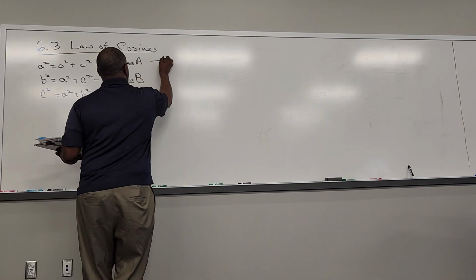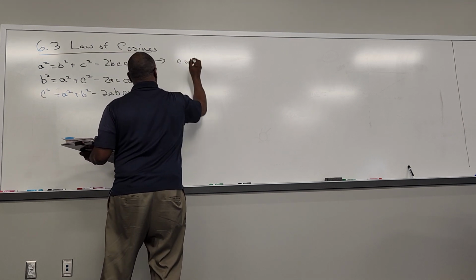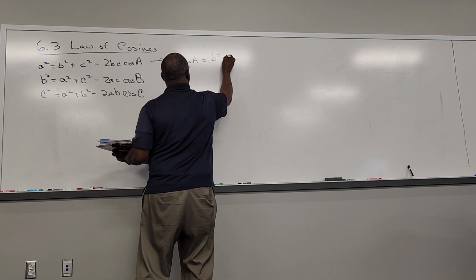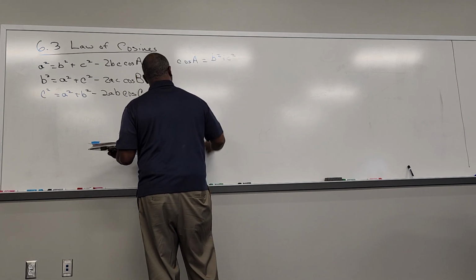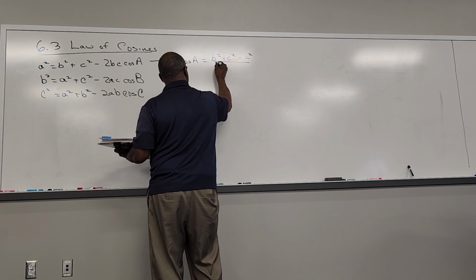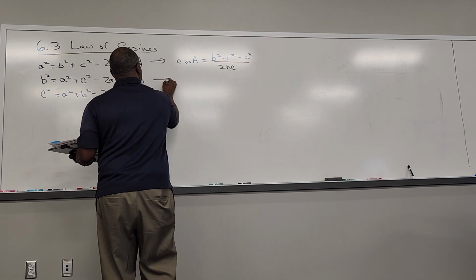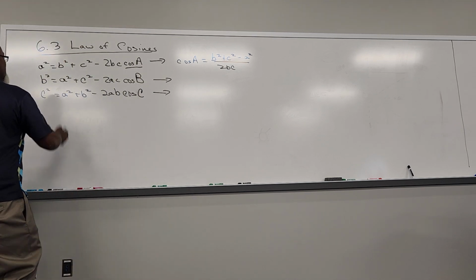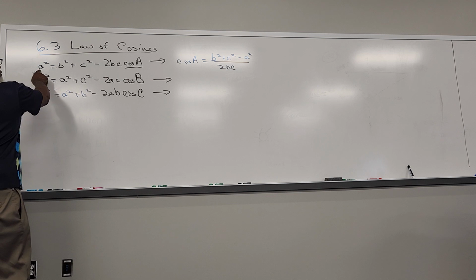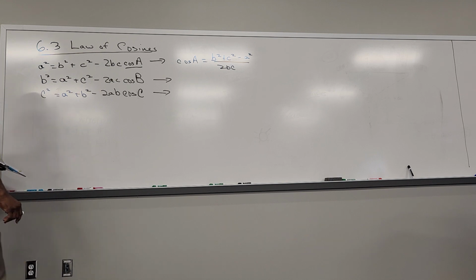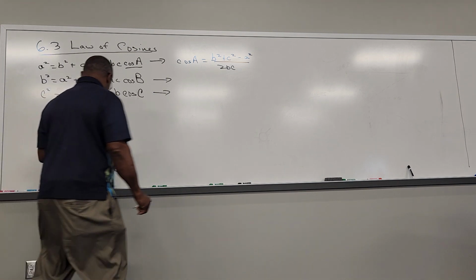So if you took this equation and solved for the cosine of angle A, you'd have B squared plus C squared minus A squared all over 2BC. I can do the same thing with the others. All you're doing is solving the equation for the cosine of angle A. You take these two terms to the other side, A squared is already here, so A squared minus B squared minus C squared, and then you divide by the stuff you don't want.